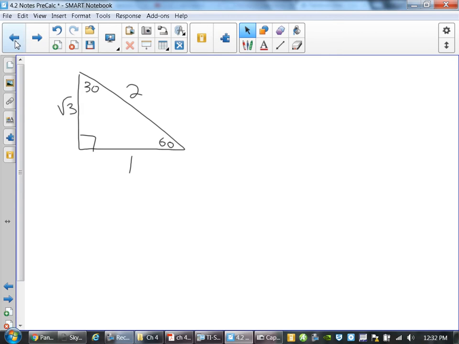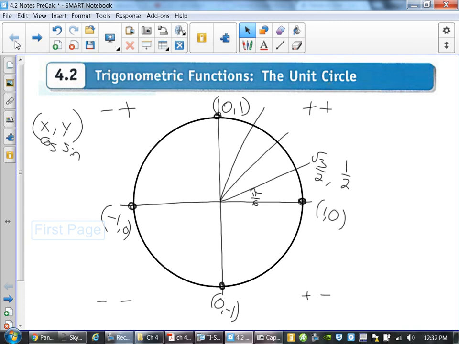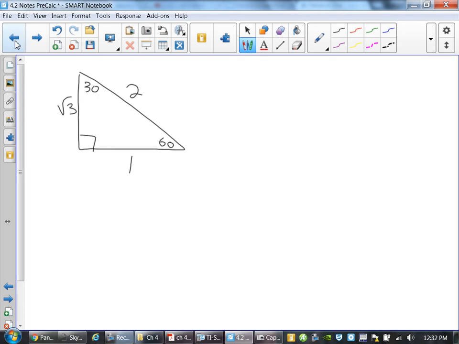Now, if you go through and do the same thing at the 60-degree angle, 60-degree angle is what in radians? Pi over 3. So if I go to the 60, that'll be my pi over 3 here. This ordered pair, well, if I look at my triangle, adjacent over hypotenuse for cosine would be 1/2.